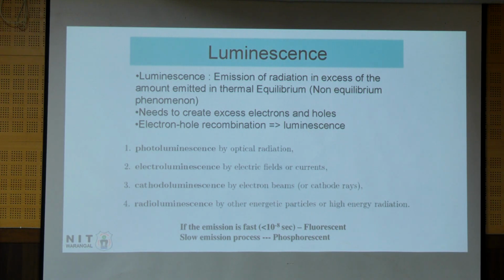And if you are giving cathode rays or electrons, then it is called cathodoluminescence. Like the earlier CRT, cathode ray tube and other things, you have an electron gun and a fluorescent screen. With different energies, electrons will strike and you will see light.